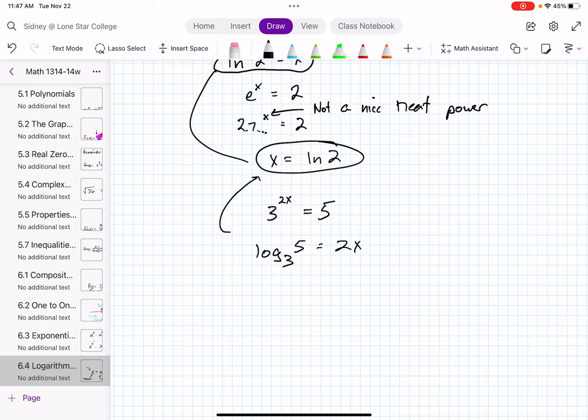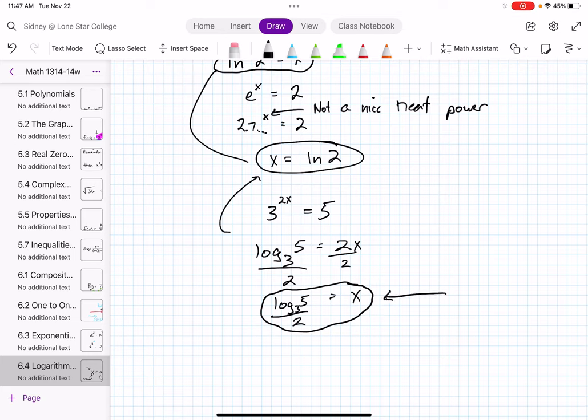We were like, oh, this is too ugly. This doesn't have a nice answer. I need a calculator to get a decimal equivalent. And so what we do is we simply say, okay, fine, calculator it is. The answer is log base 3 of 5 divided by 2. And we would say that is a mathematically perfect answer. I don't know what the decimal equivalent is. We could plug it into a calculator to find out, but I'm good leaving it right there.